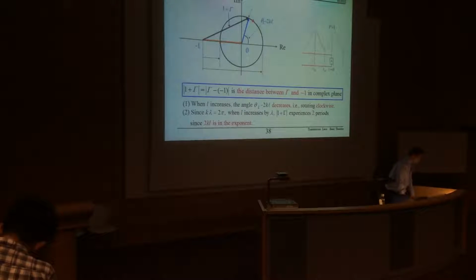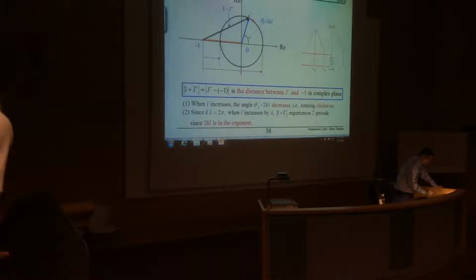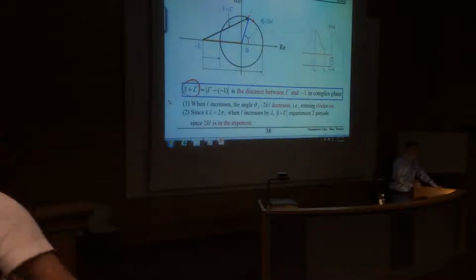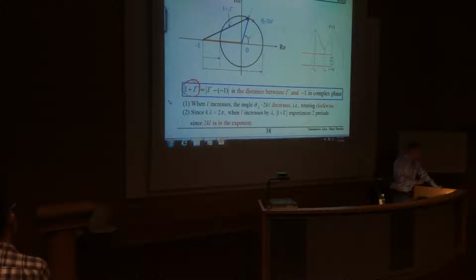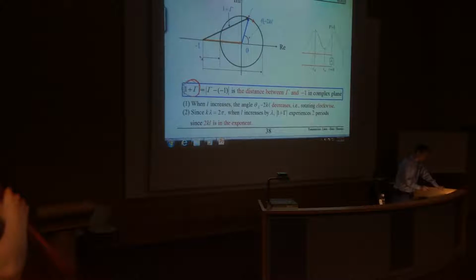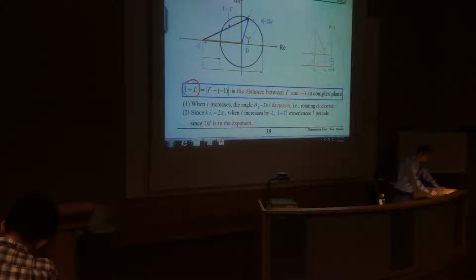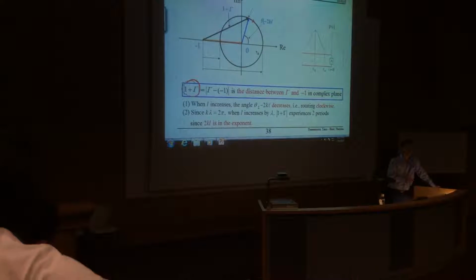In this complex plane, 1 plus gamma is incident and reflected. This can be expressed as gamma minus 1, meaning the distance from -1 to any location along this unit circle. At any location, the amplitude or magnitude is the same, but the phase will change.